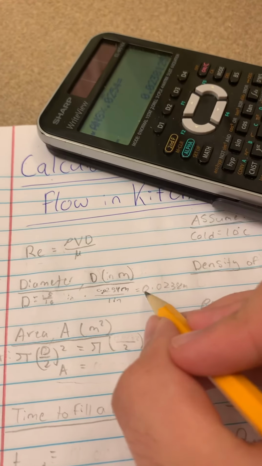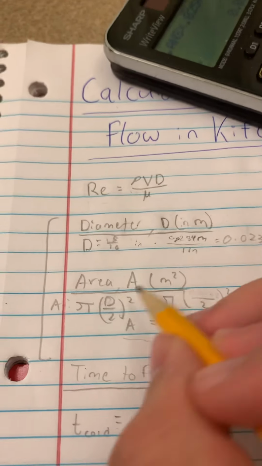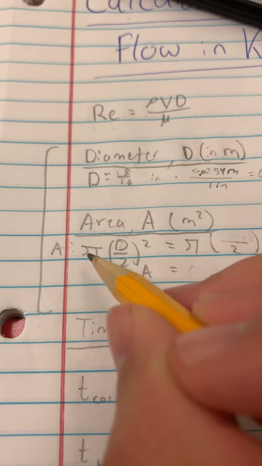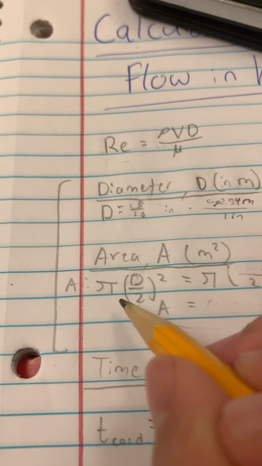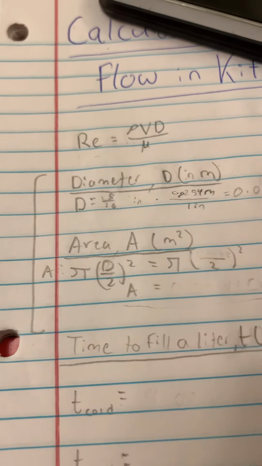Now we're going to find the area, which we will be using later, by plugging the diameter into the equation for the area of a circle. So pi times d over 2 squared.